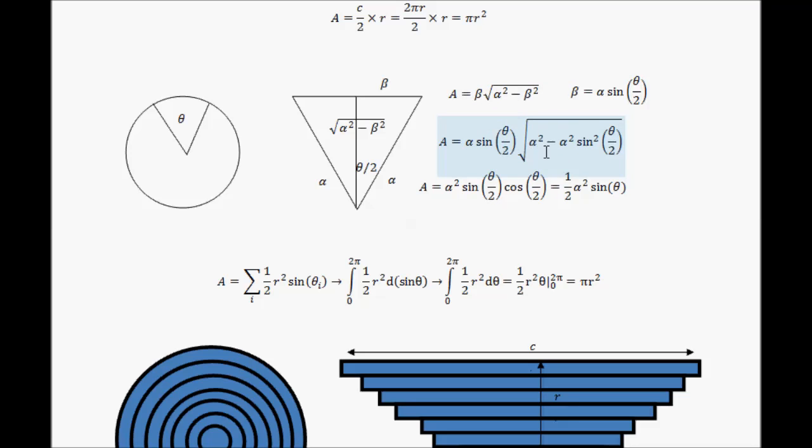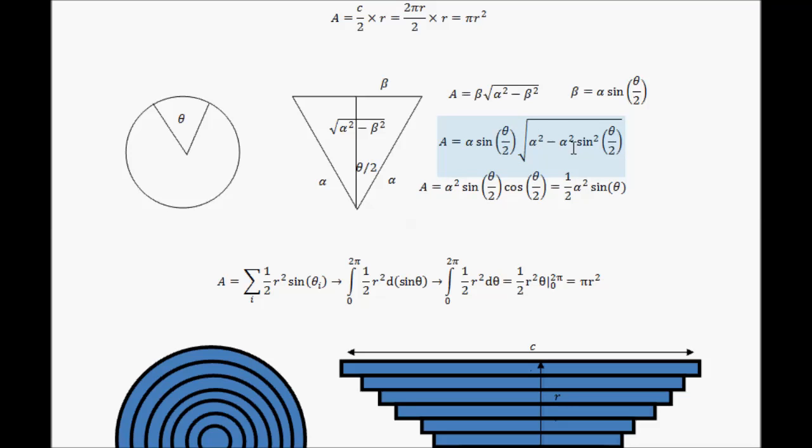And this can be factorised because there's alpha squared here and alpha squared here, so we take alpha squared out. We've got alpha squared in the brackets times 1 minus sine squared of theta over 2. And of course we can take alpha squared out of the square root, because the square root of alpha squared is just going to be alpha, so there's an alpha that comes outside, which hits this alpha and makes alpha squared.